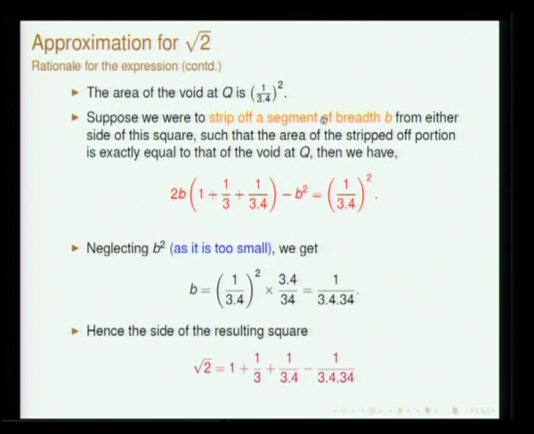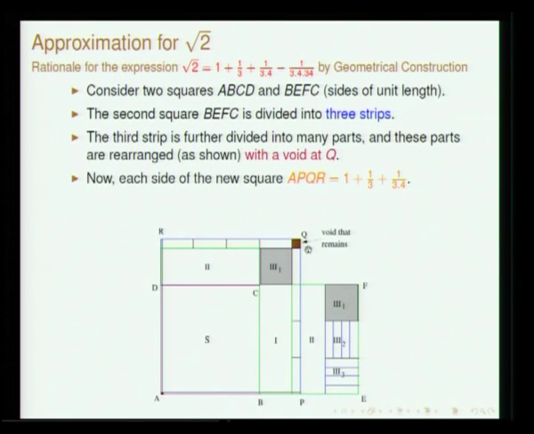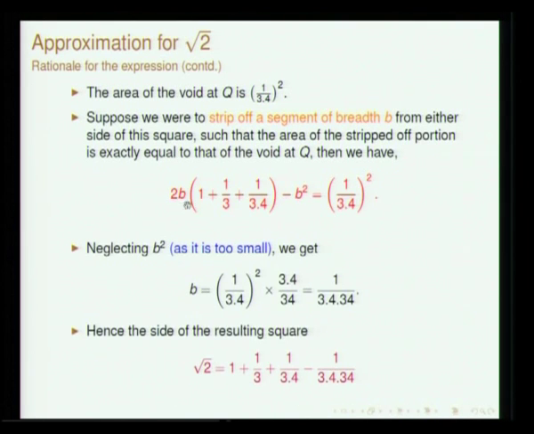Suppose a strip of width B is considered. Two strips, basically one strip along this side and the other strip which I have marked here. So, 2B into (1 plus 1/3 plus this) minus B square will be the left hand side, and if you equate and ignore B square, you can easily see that B is 1/3 into 4 into 34.